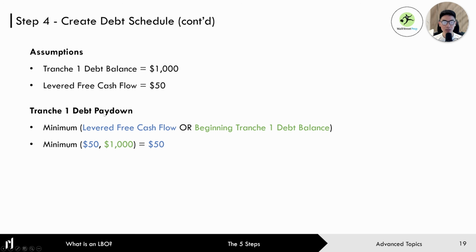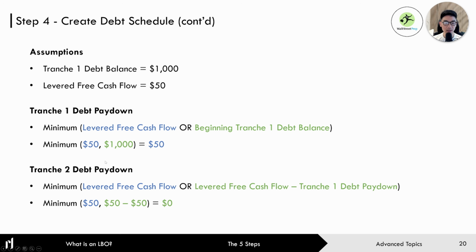And for this one, for tranche one debt paydown, what we want is either the minimum of your levered free cash flow or the beginning tranche one debt balance, right? And so it's going to take the minimum of $50 or $1,000. And so this will produce 50. And the reason we don't want $1,000 is obviously we only have 50 to pay off.